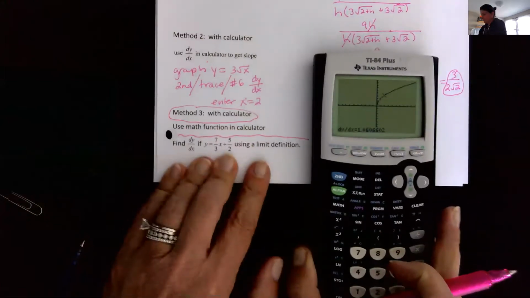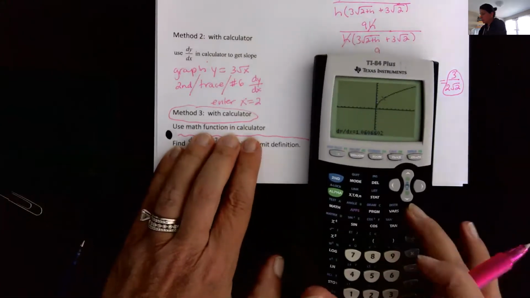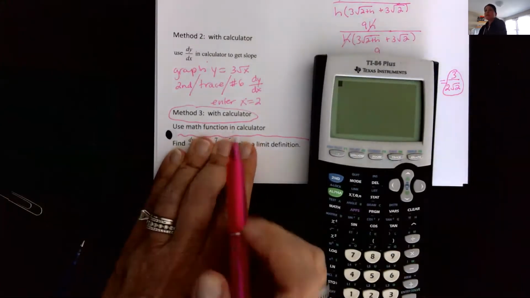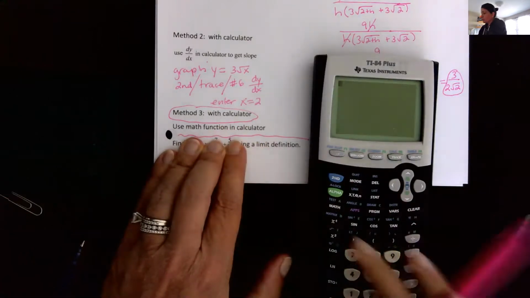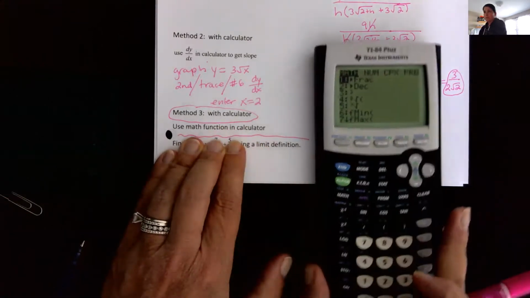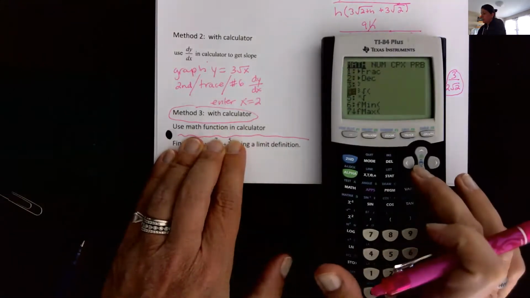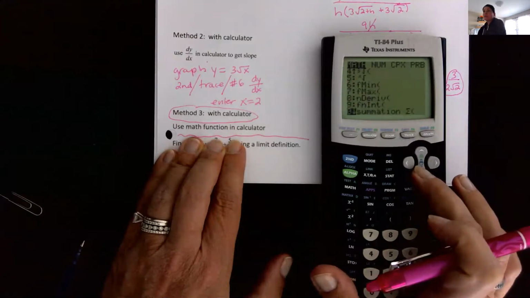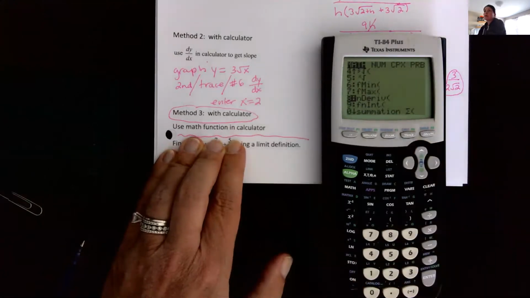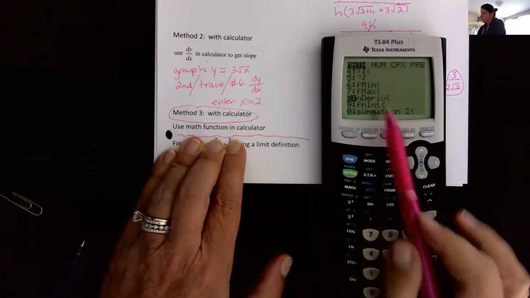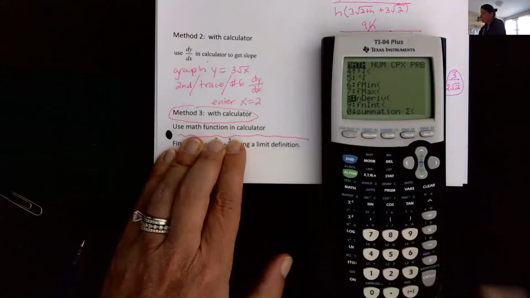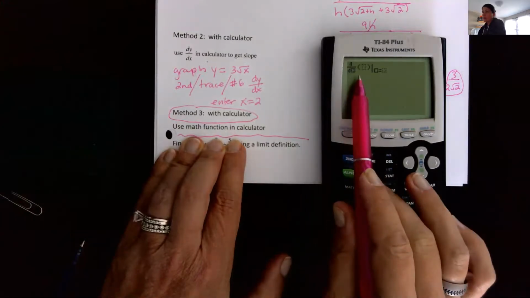Here's a new one. There's a new function in the calculator, using the math function. So we have a math button on the calculator. If you scroll down the math function, now we know the word derivative. We're going to use choice 8, deriv. For those of you with newer calculators, newer operating systems, this should pop up.